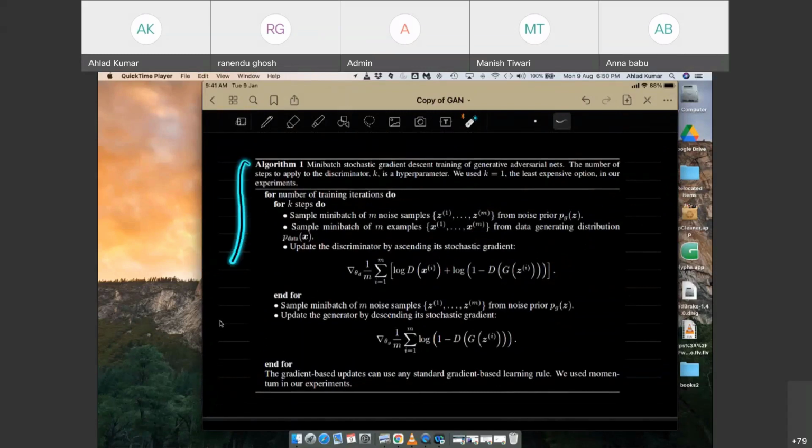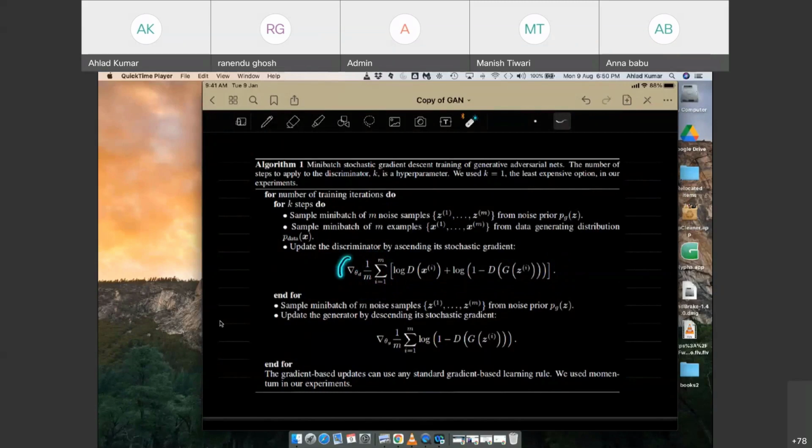So here you can see this is the algorithm that we have in case of the generative adversarial networks. So what you do is you sample the noise from the noise vector, and then you sample the m examples from the actual distribution, which is p data of x, which you do not know, and then you do gradient ascent, the stochastic gradient, by taking the derivative with respect to theta d of this objective function here. So this is nothing but the objective function we have just discussed, and this is the approximation of the expectation operator that you can do by writing 1 upon m sigma i running from 1 to m.